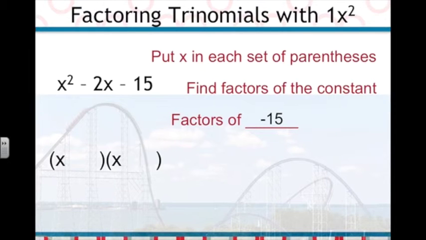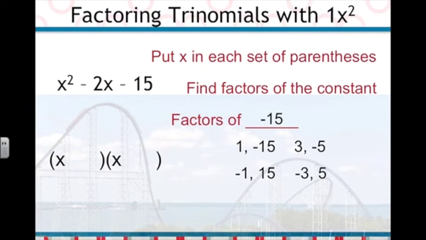To factor the negative 15, we need to have one factor positive and one factor negative. So we can start with 1 times negative 15 and negative 1 times positive 15. 15 is not even, so 2 is not a factor, so let's think about 3. 3 goes into 15 5 times, so we can use the factors 3 and negative 5 and negative 3 and positive 5.